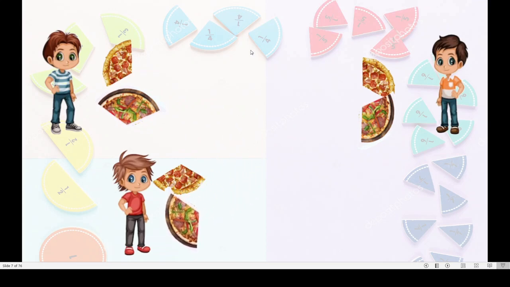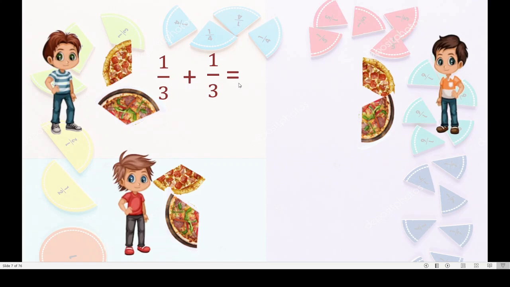Now they are satisfied because all the 3 got same portion, that is 1 upon 3 plus 1 upon 3, right? Because in the first pizza also we made 3 parts, in the second pizza also we made 3 parts. From each pizza this boy got 1 piece and again here also 1 piece. So 1 upon 3 plus 1 upon 3.